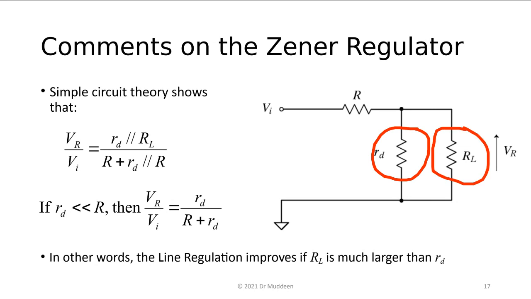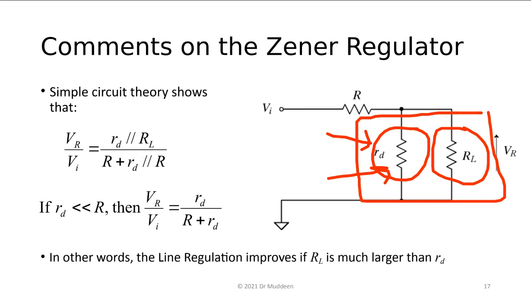Now the Zener diode, we just said, is somewhere about 5 to 100 ohms. Let's say 5 ohms. And you know from simple circuit theory, if you parallel two resistors, if one is much bigger than the other, then the net result of the parallel combination is always going to be smaller than the smallest value.